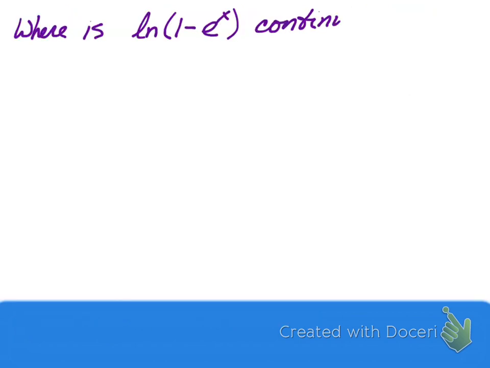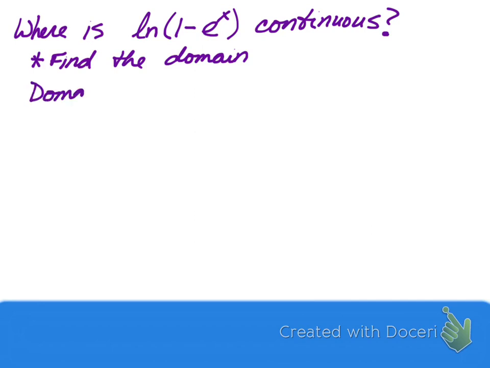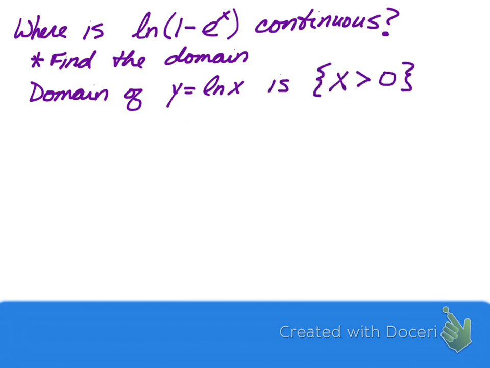So for our last example, where is the natural log of 1 minus e to the x continuous? The first thing that we want to do is find the domain. So the domain of y equals the natural log of x is all x greater than 0. The natural log of x is one of our common functions. So we need 1 minus e to the x, the input, or the inside, to be greater than 0.